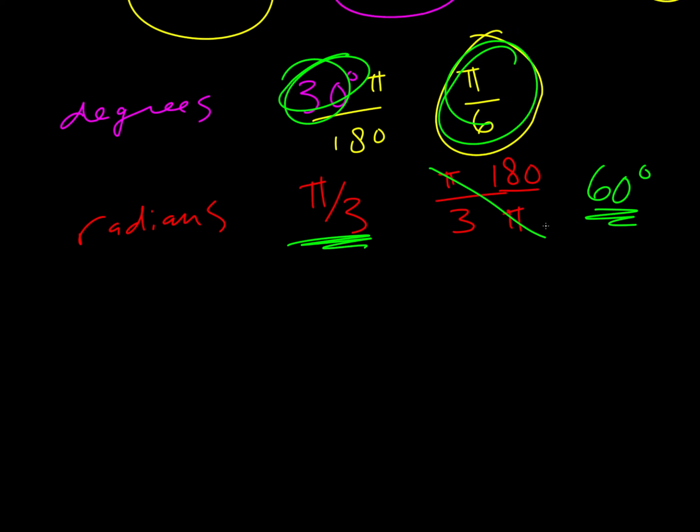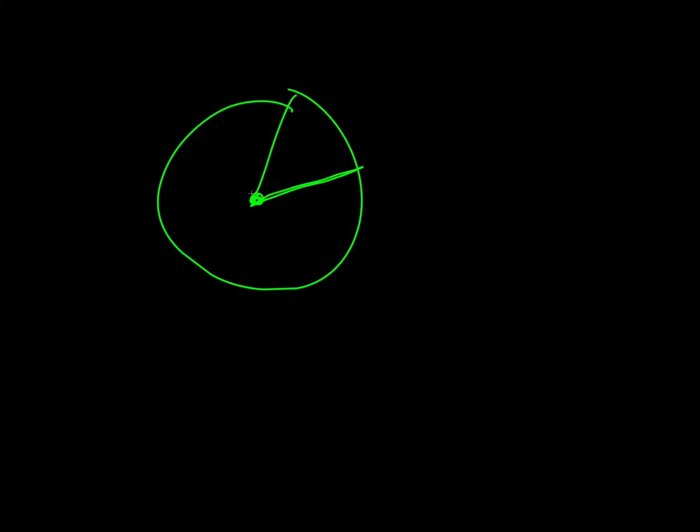Now, the benefit to using radians is in this next situation. If we have a circle and we want to take just a slice of that circle, we can find a few different pieces of information.